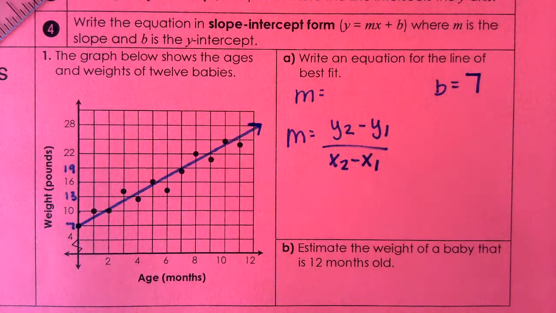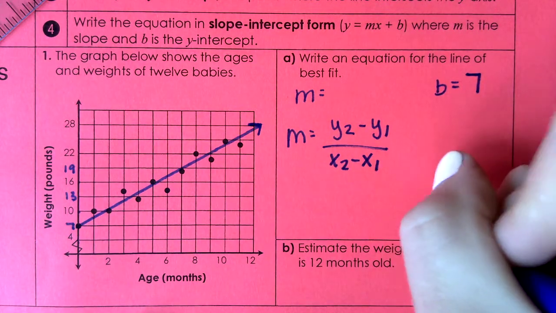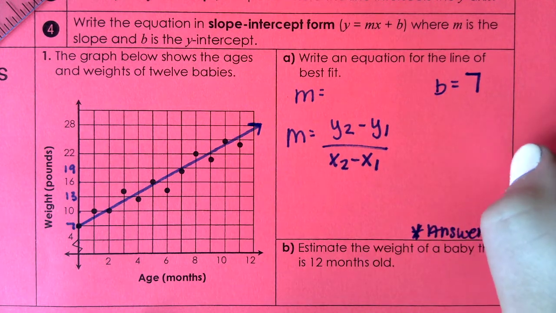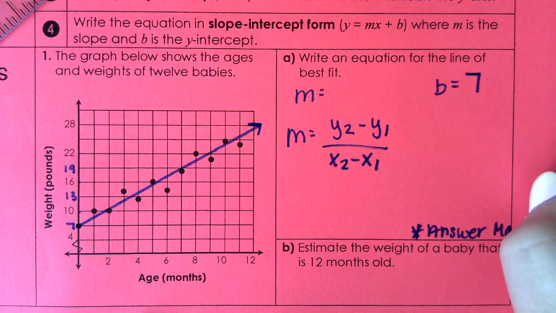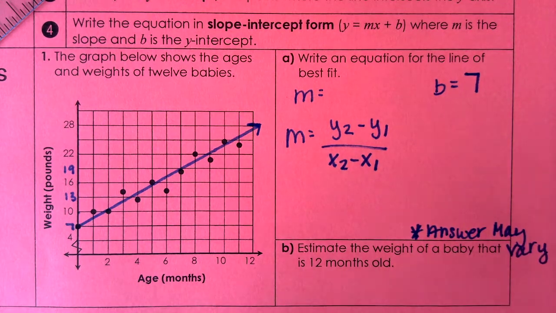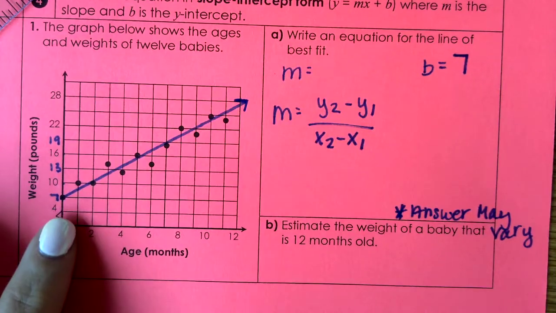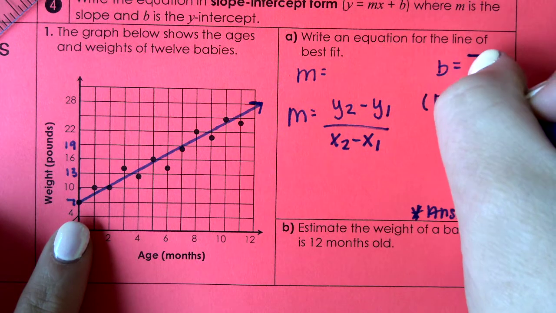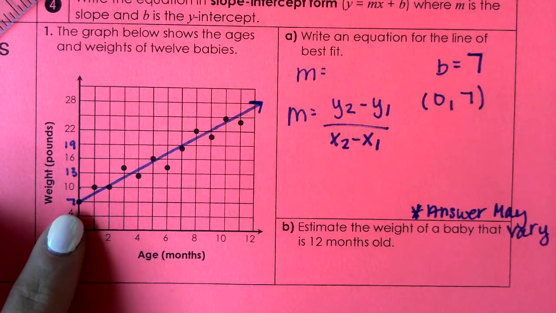This is where your answers are going to vary, because I am picking 2 points on my line. Depending on how we drew our lines, we're going to get different points. I'm always going to choose the y-intercept because that should be the same point at least for everybody. So I'm going to choose the point (0, 7).